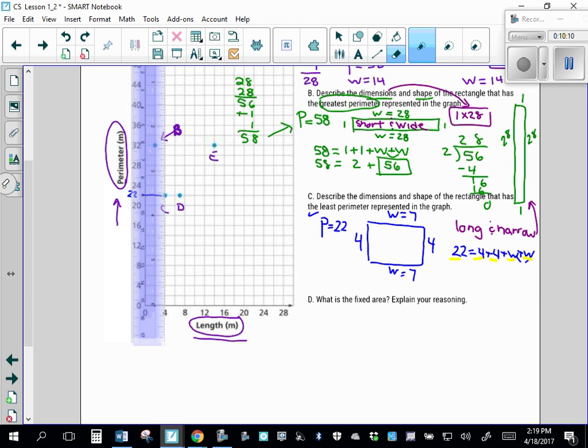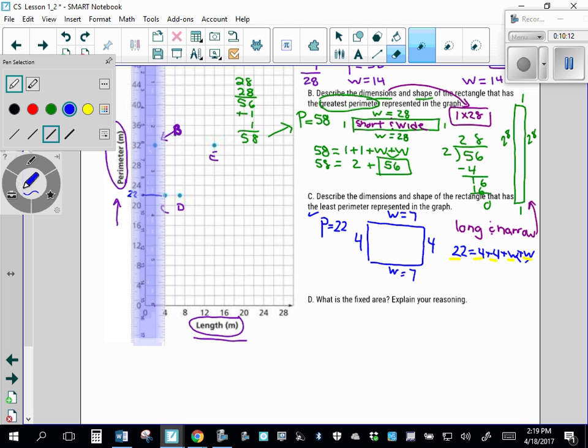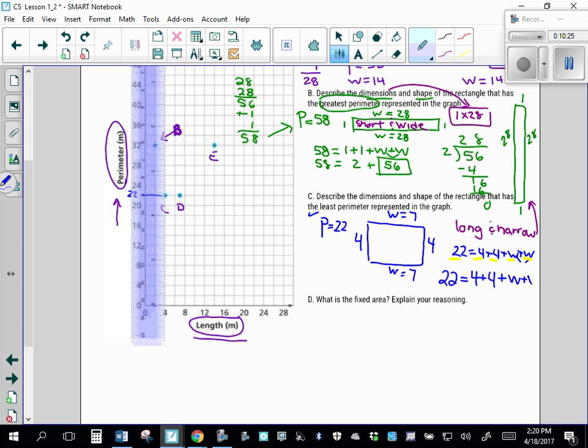And so what you're going to do is say, I know my perimeter, I can find by doing width plus length plus length, which is 4 plus 4, plus W plus W. I need to find W. I know that this is 8. So I know that 22 is equal to 8 plus W plus W. You get that?